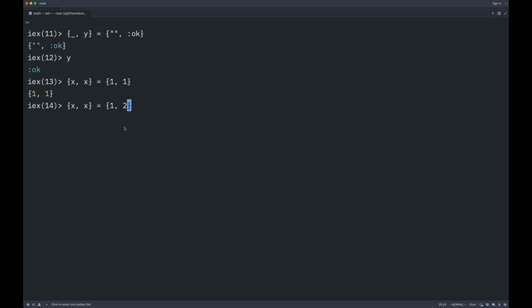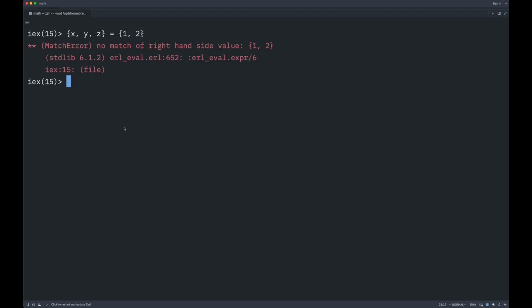On the other hand, if the right hand side values are different, then it will produce a match error. If the number of components is different, for example, here we are saying the left hand side is a 3-component tuple, and on the right hand side we just have 2 components, that results in a match error as well. So that's how we extract components, discard components, create tuples, and make use of pattern matching.